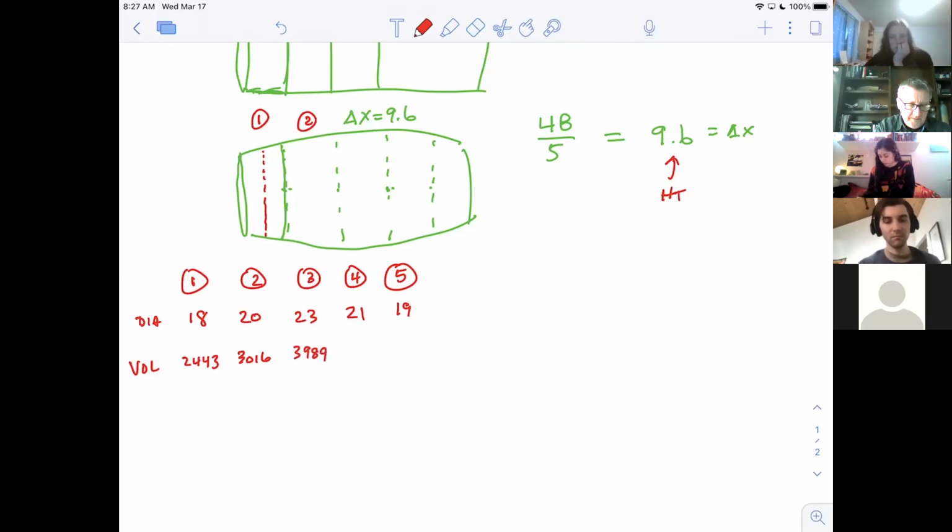And when I do it with 10.5, half of 21, I get 3325. And lastly, with 19, which would be 9.5, I get a volume of 2722.